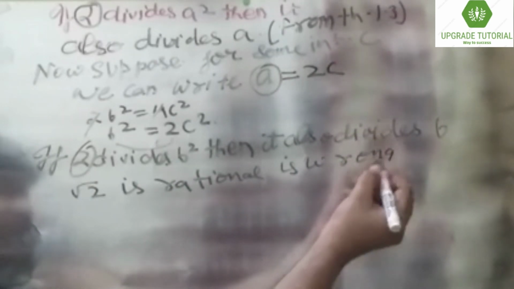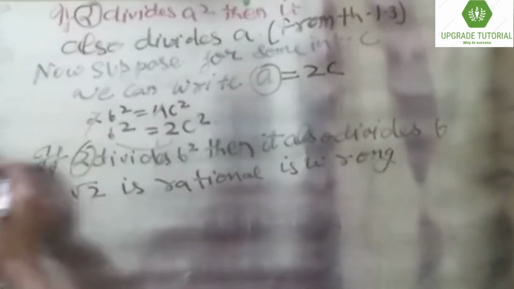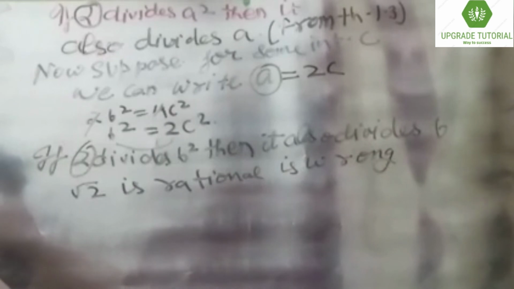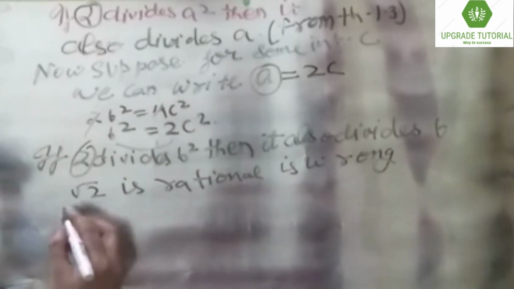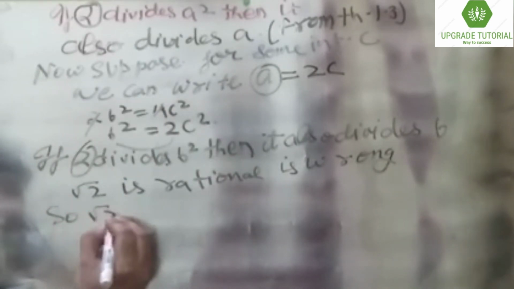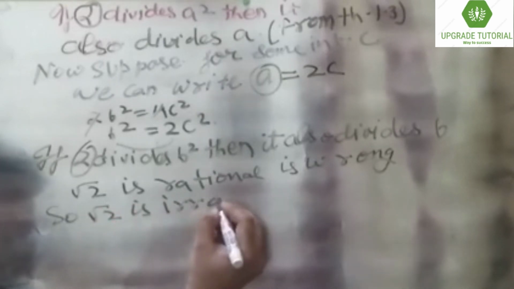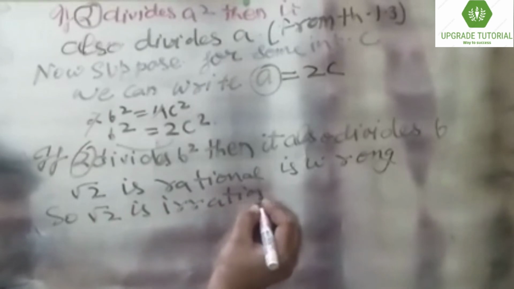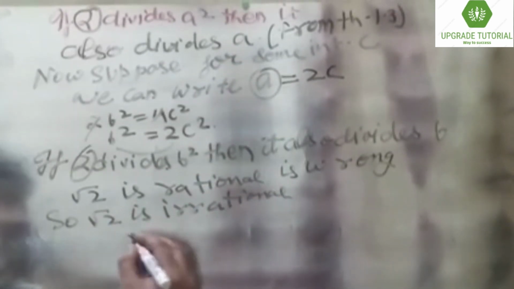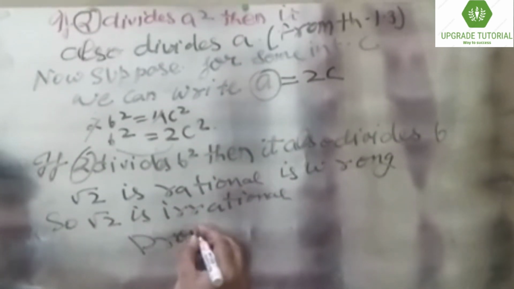Why is it wrong? Because a and b have another factor, that is 2, except 1. So root 2 is irrational. Proved. That is what we had to prove.